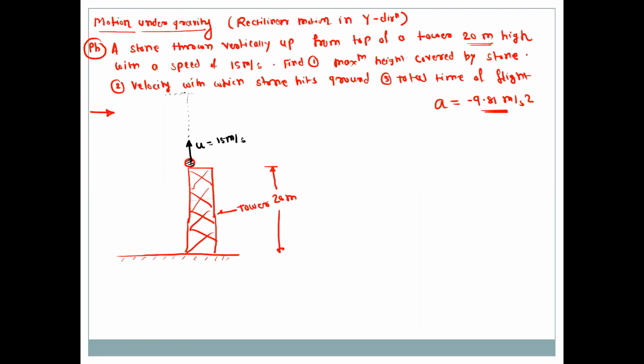Okay, so at the maximum point, what is the velocity? So if this is the maximum point, what is the velocity of this stone at the maximum point?